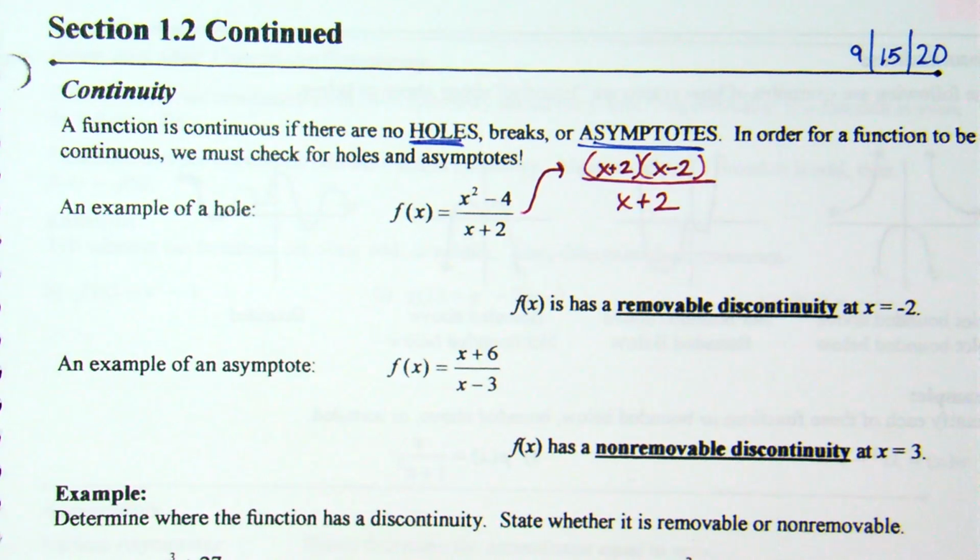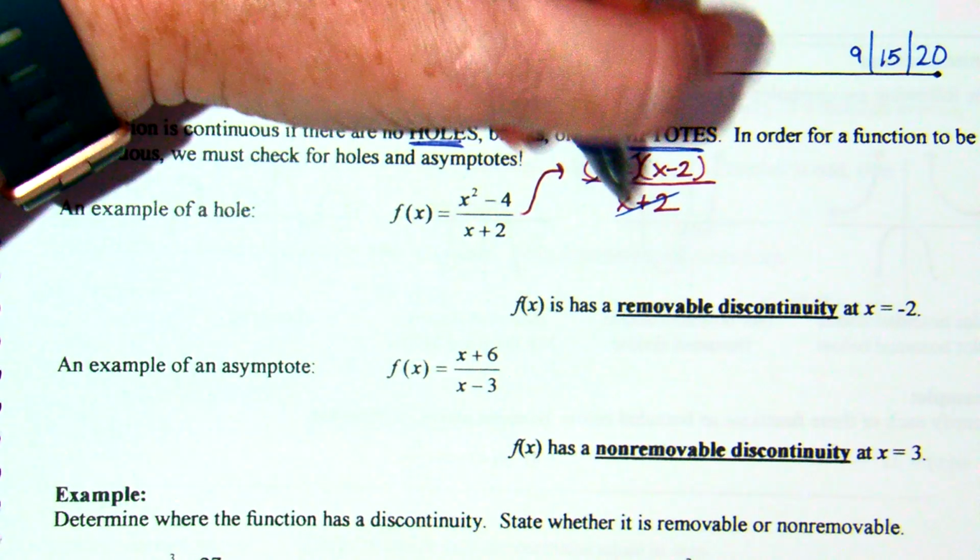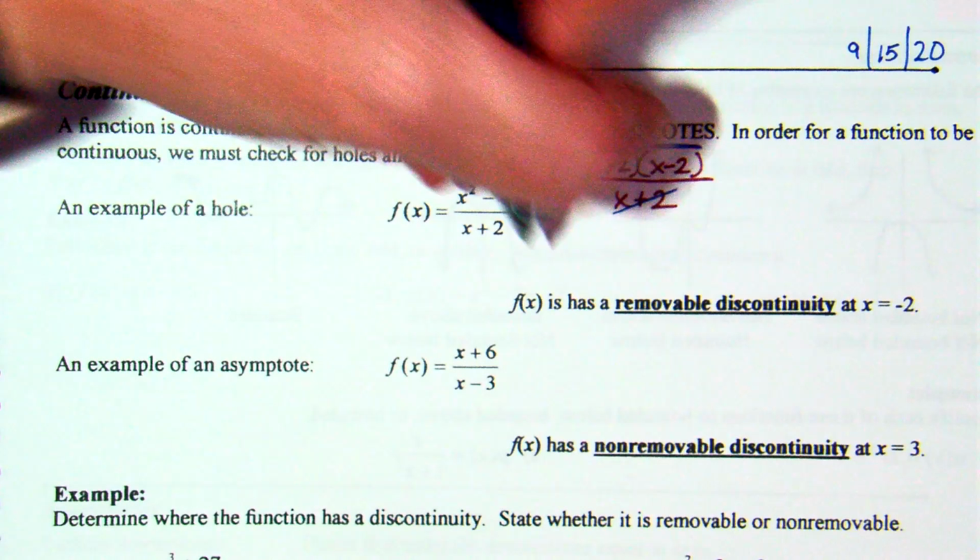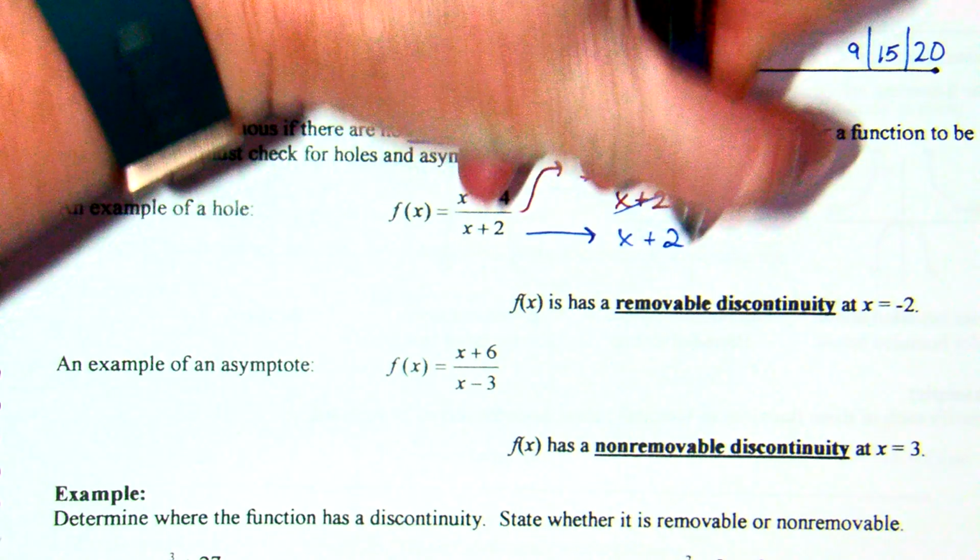What do you notice? There's an x plus 2 factor that can cancel. So after canceling, we're realizing when we set that denominator equal to 0, because that denominator had something it canceled with, it's going to make a hole. If there was no other x plus 2, it would be an asymptote.